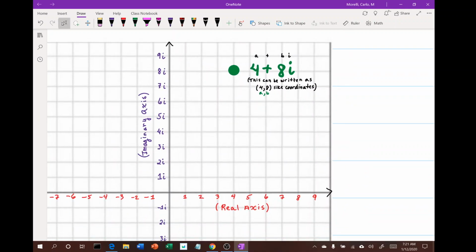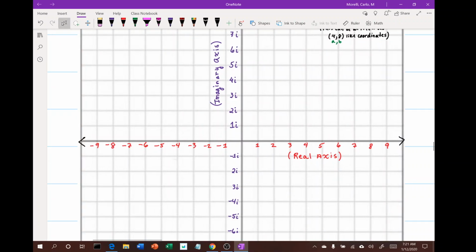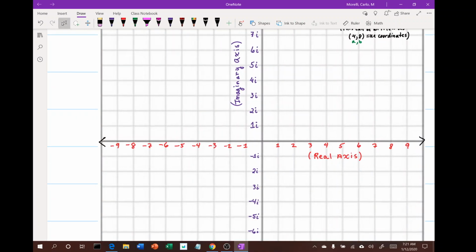So notice that nothing strange is happening on this imaginary axis. It's just the numbers, just like if it was y, but you put an i after them. So 1i, 2i, 3i, and the same thing on the negative side. The real axis looks exactly like it always has.